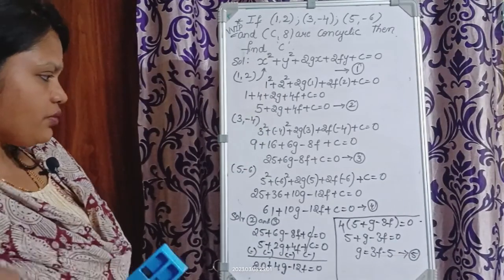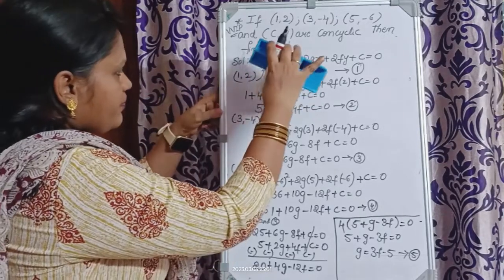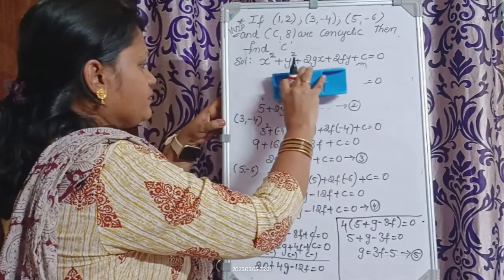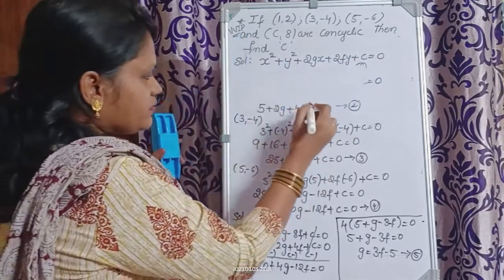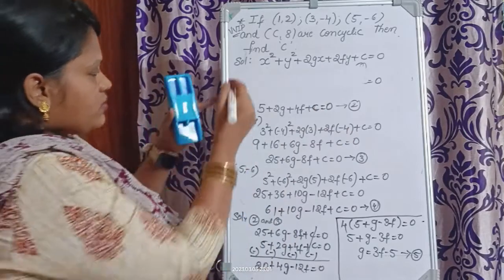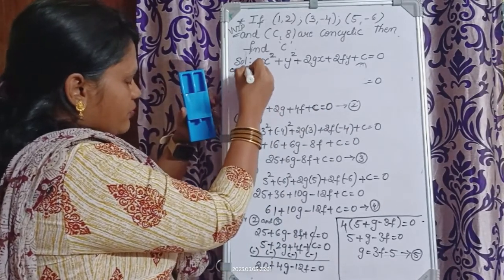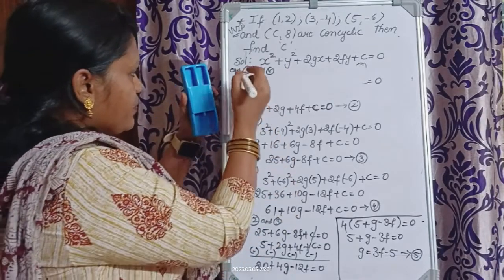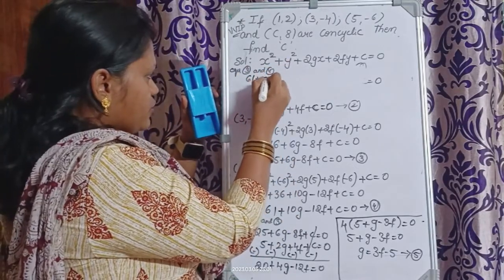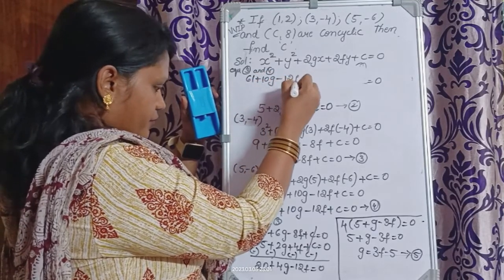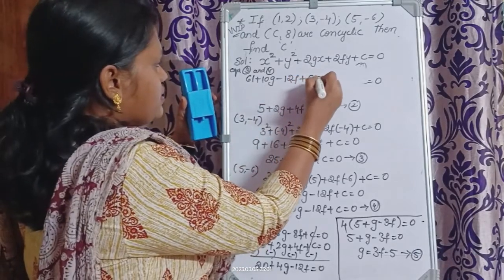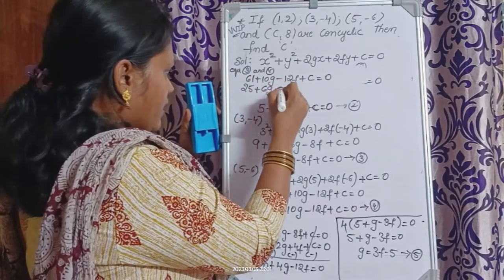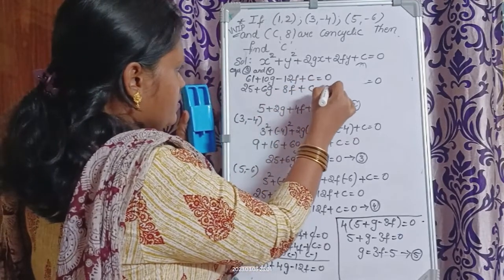Okay. Now solving equation 3 and 4, what I get is 61 plus 10g minus 12f plus c is equal to 0, and equation 3 is 25 plus 6g minus 8f plus c is equal to 0.